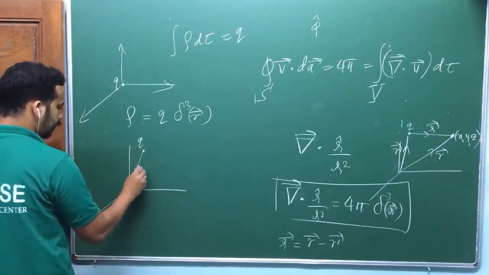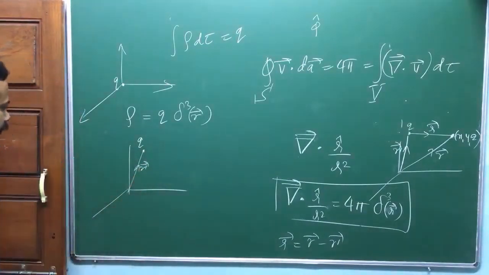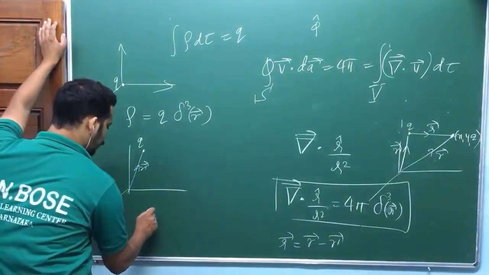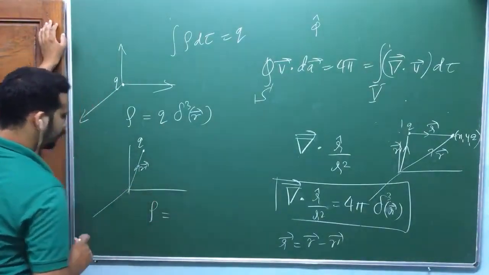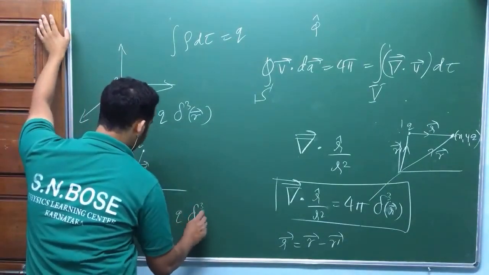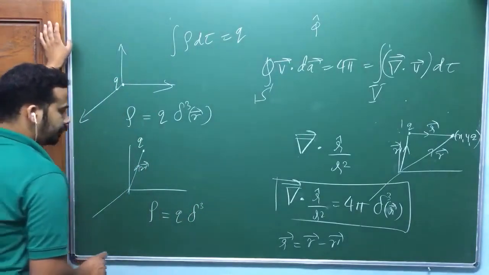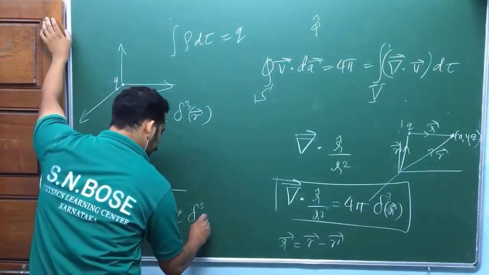Or if you have any charge somewhere else, suppose the charge is here, Q. You can just define R prime vector. Now how do you define the charge density? Speak out for this configuration. Q into delta cube of, speak out. R minus R prime.